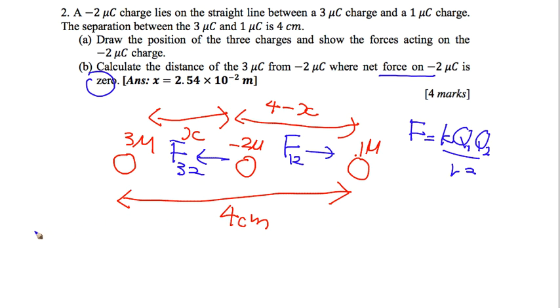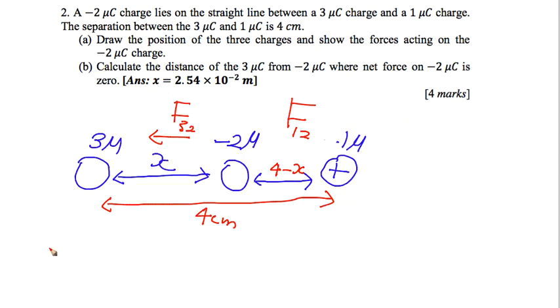So force 32 is equal to force 12, because the net force on the negative 2 microcoulomb is 0, meaning the force to the left is equal to the force to the right.